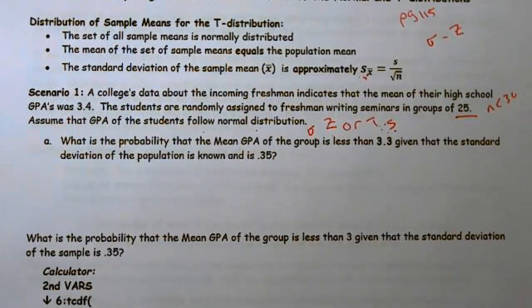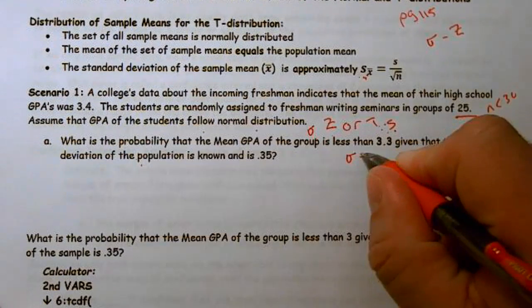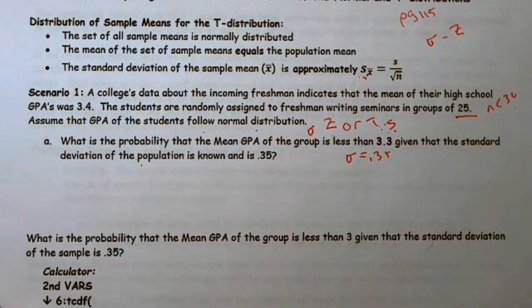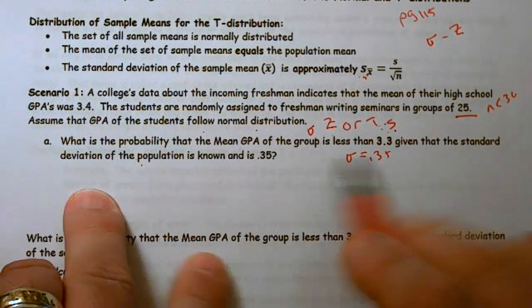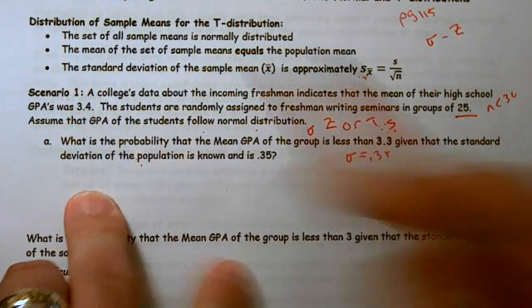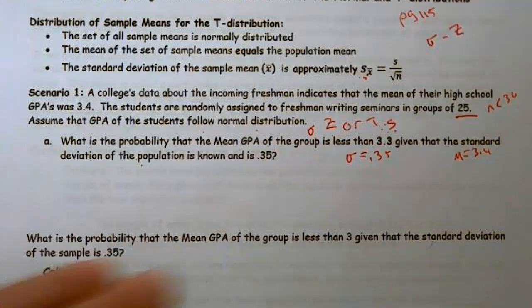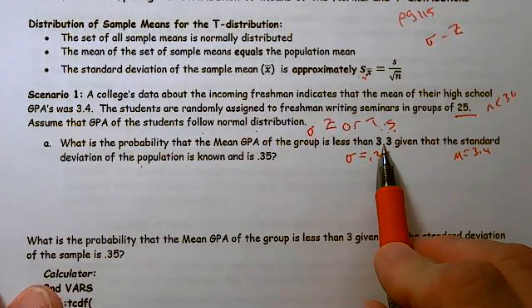What is the probability the mean GPA of the group is less than 3.3 given the standard deviation of the population is known? They're telling me my standard deviation of the population is 0.35. And in this particular case, the mean GPA was 3.4. So they're asking, what's the probability that it was less than 3.3?